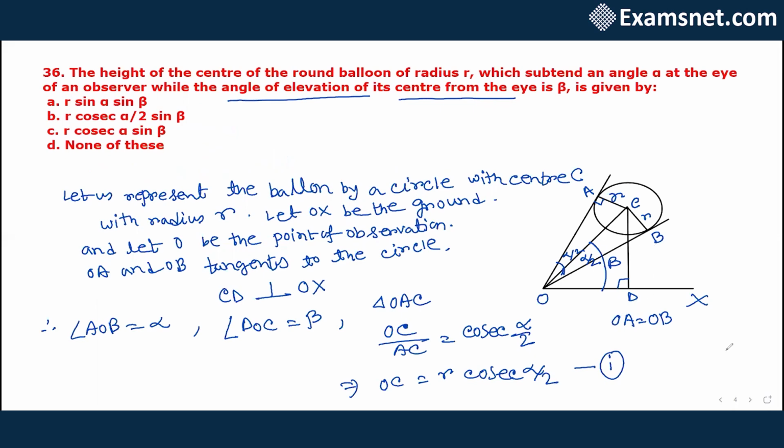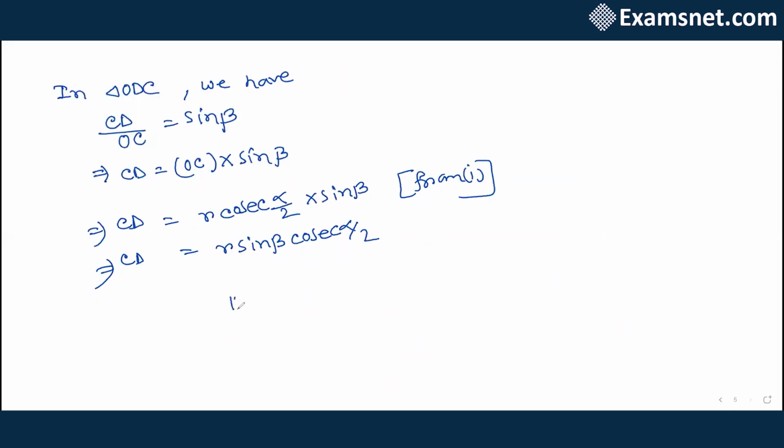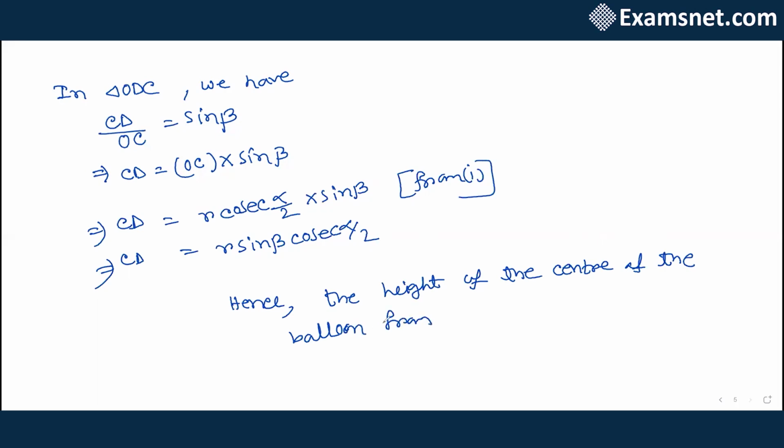Hence the height of the center of the balloon from the ground is R sine beta cosec alpha by 2.